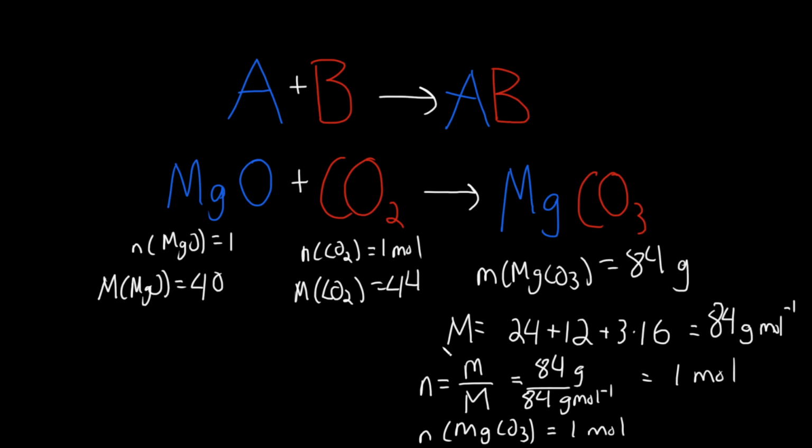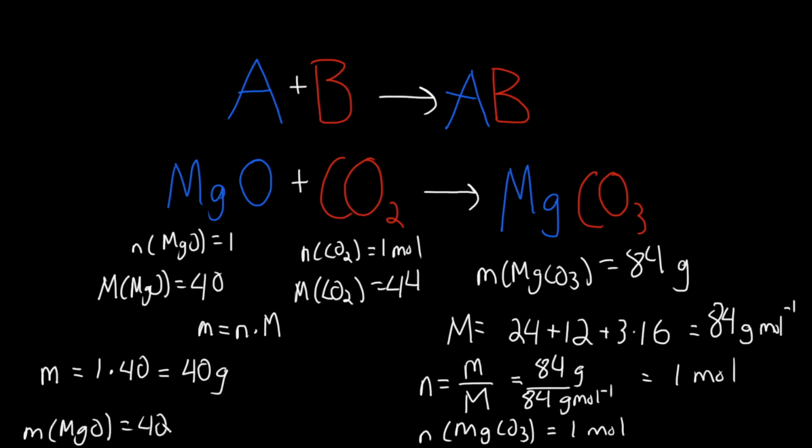And now we can rearrange this equation so that it becomes mass equals moles times molar mass. If you use this equation now, we can see that the mass of magnesium oxide needed equals moles, which is 1, times the molar mass, which becomes 40 grams. So mass of magnesium oxide needed equals 40 grams.